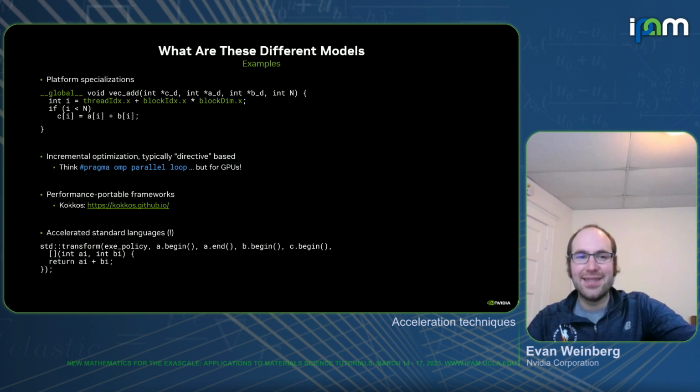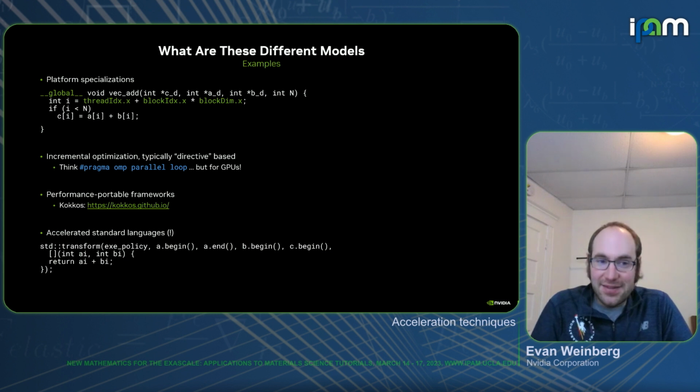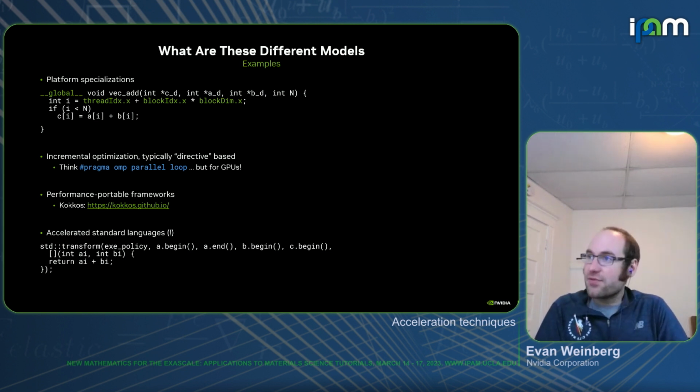So, I can avoid all of this hoopla with writing separate functions and these weird thread index keywords that I have to remember and copy paste every single time I want to write a new piece of code. I can do directives. One thing I'm not going to be able to spend anywhere near as much time as I want to on is general performance portable frameworks.